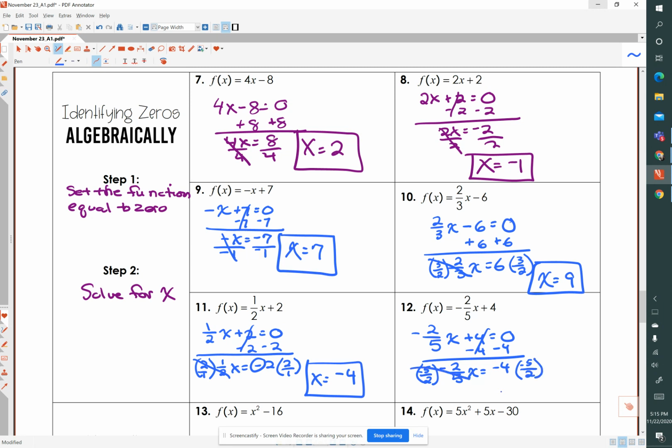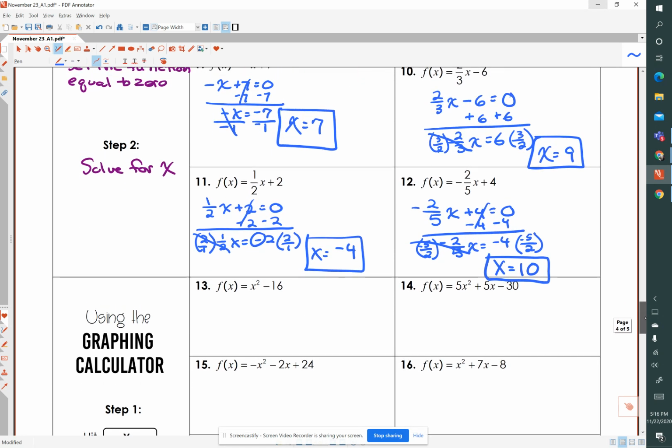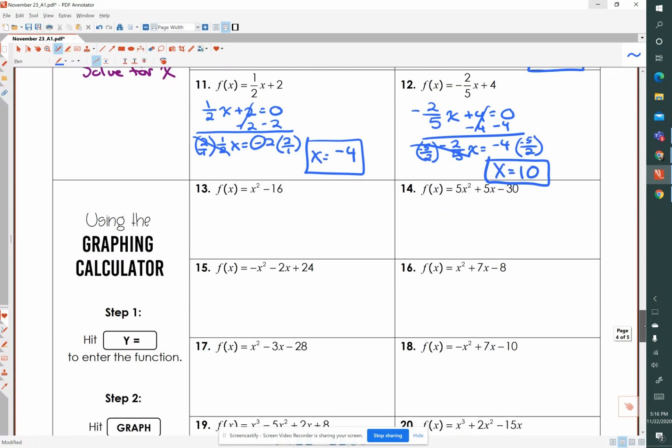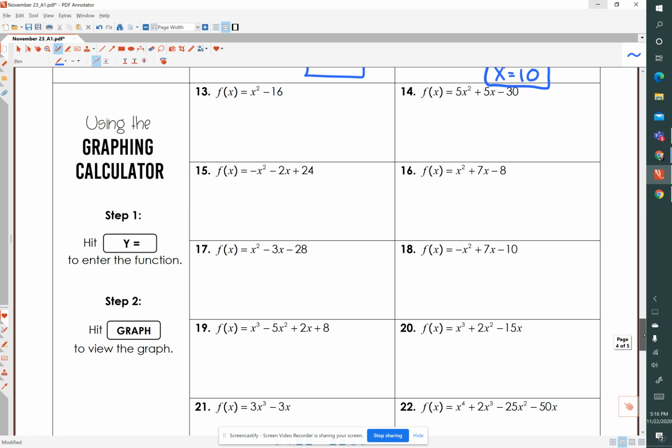And in this case, don't forget, a negative times a negative is a positive, so x equals +10. And if you need to brush up on fractions, I could probably give you even some videos that would help that I've done in fractions, or just come for extra help.